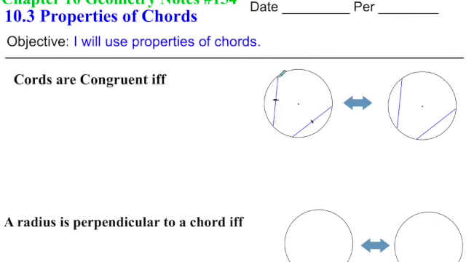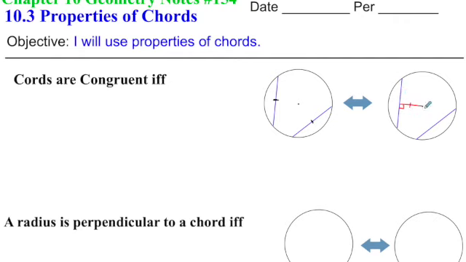What can I tell if the chords are congruent? Well, one thing I can tell if the chords are congruent is that they're the same distance from the center. So I'm just going to draw in a distance here. That's that. Now, it would be the distance if there's a right angle there. Because if you want to measure the distance from a point to a line, you got to go straight at it at a right angle.